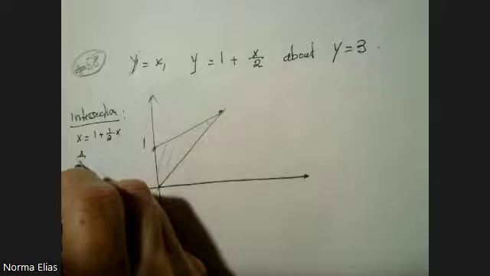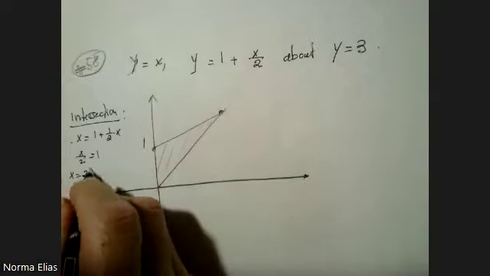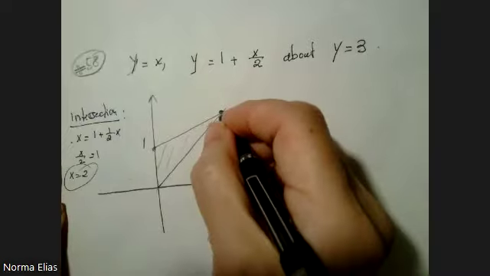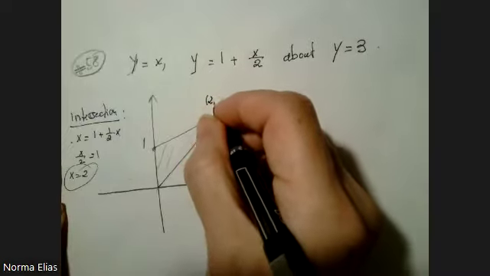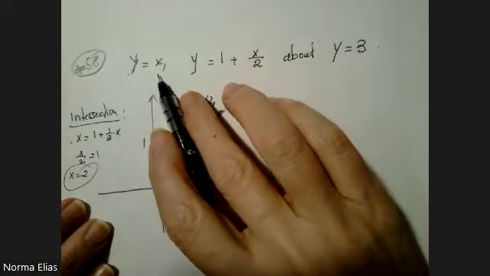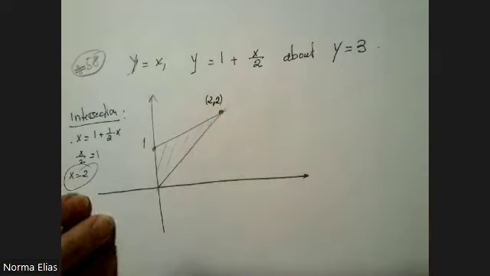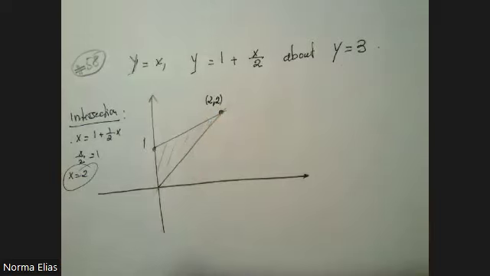This gives x over 2 is 1, so x equals 2. This point is x equals 2, and the y coordinate is 2, of course. So the point is (2, 2), and now I know exactly my region.